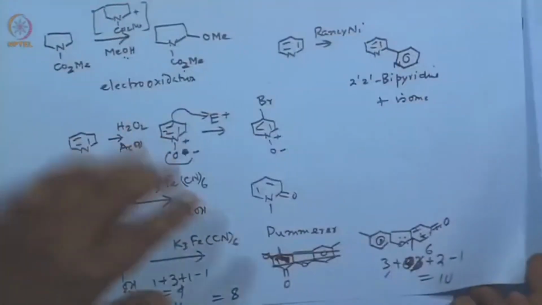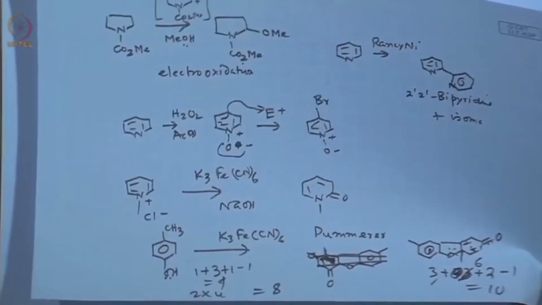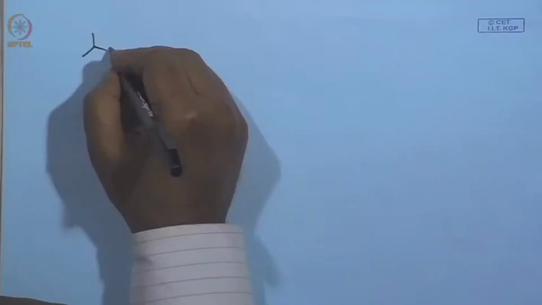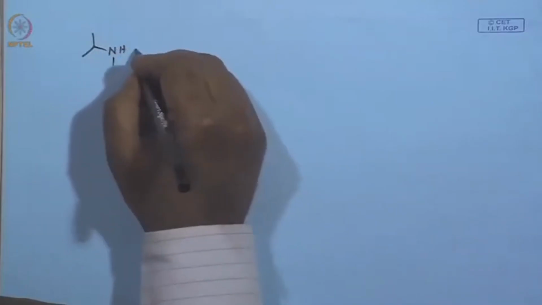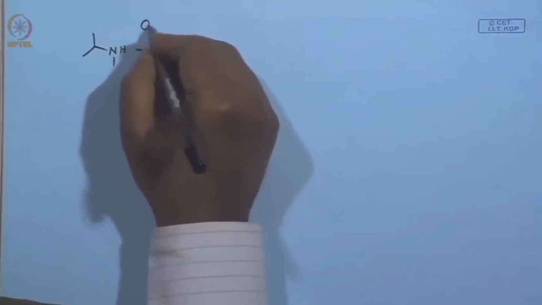Okay, in any case, this is just a nice example, and it is called oxidative dimerization. Let me give you one more example. This is a secondary amine, and you can use Oxone.